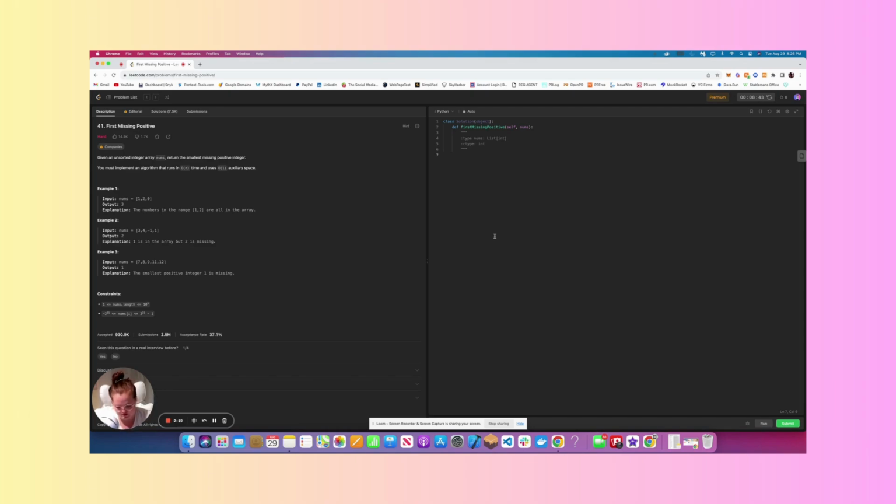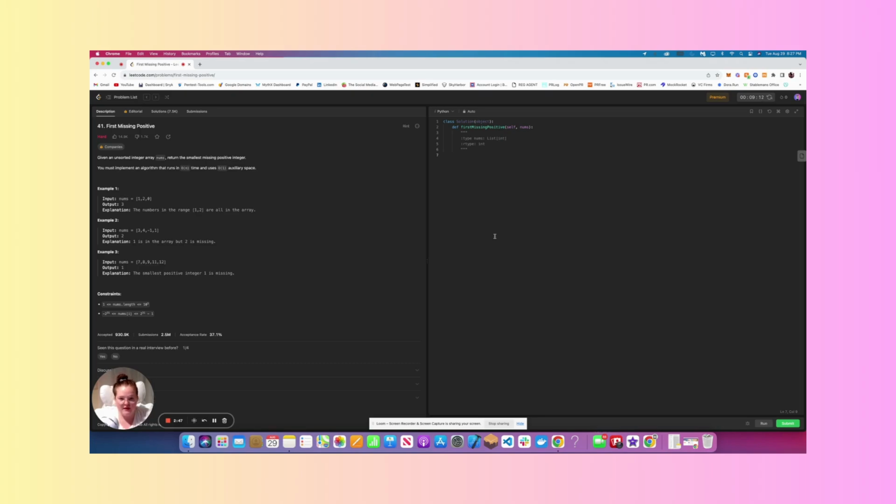So my first step is to rearrange the array so that nums[i] is at index i.